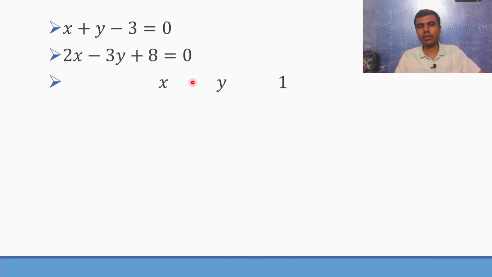So the x by 1 method, hope you know it. If not, I'll just cover it. First we'll write the y coefficients. Y coefficients in the first equation are 1, minus 3, 1, 1. First we'll start with the y coefficient. Next here the y coefficient and the minus 3, 8, 2, minus 3.